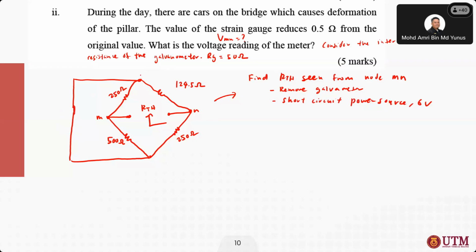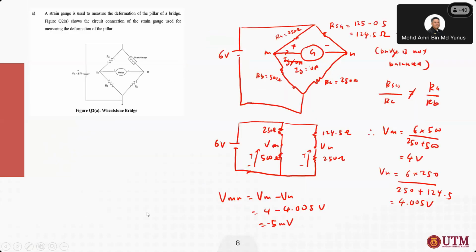Okay, so let's rename this point as point A and B node, and let's retain the names RA, RB, RC, RG.